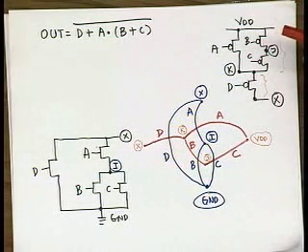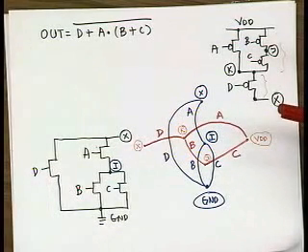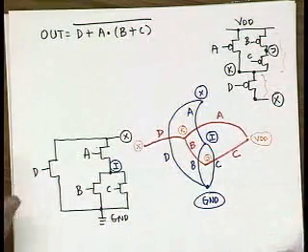And that would be one of the techniques that you should be aware of as a designer. What would be the appropriate ordering of your signals to achieve the highest performance from your gate topology? But this is just a unified methodology that you can follow to construct a pull-up network.